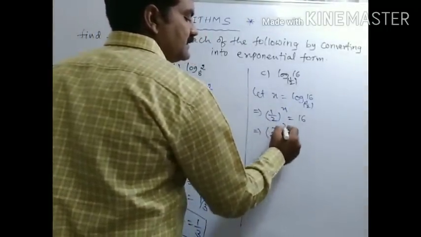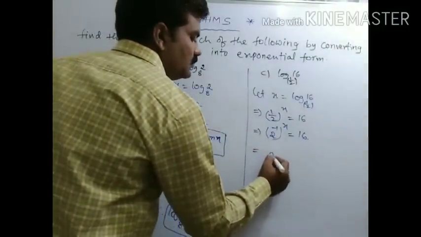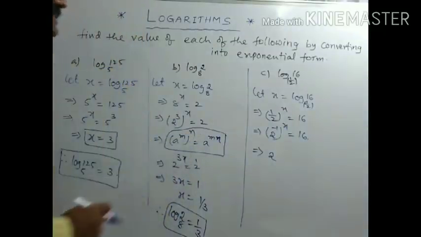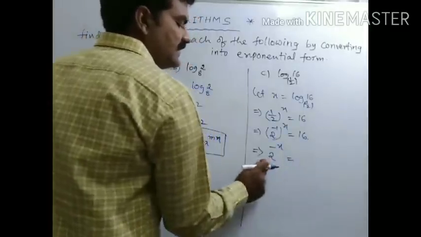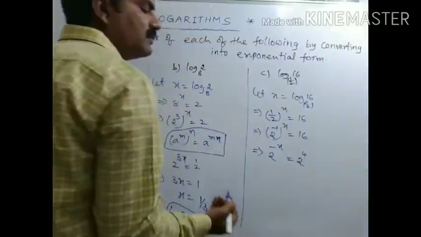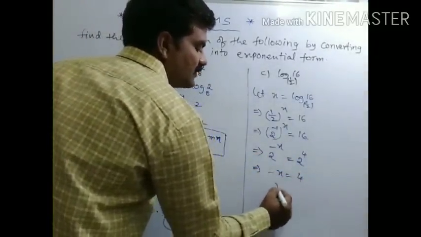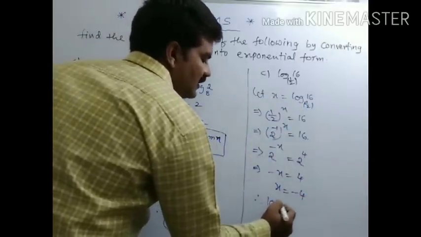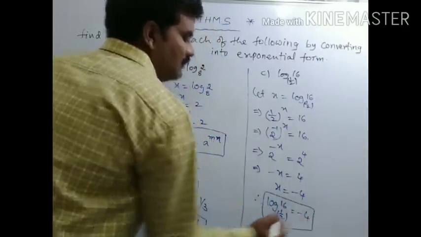And using the same formula, a to the power of m whole to the power of n, which is a to the power of mn, this is 2 to the power of minus x. Since the left side is 2 power something, can you write 16 also as 2 power something? I think 2 power 4 is 16. Now simply you can equate, minus x is equal to 4 and x is equal to minus 4. Therefore, log 16 to the base 1 by 2 is equal to minus 4.